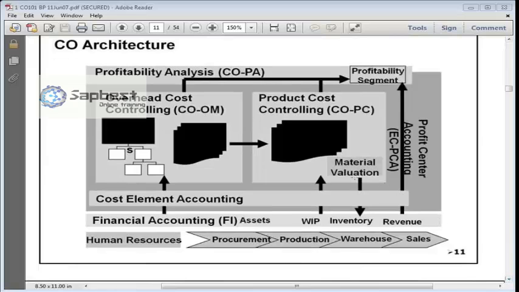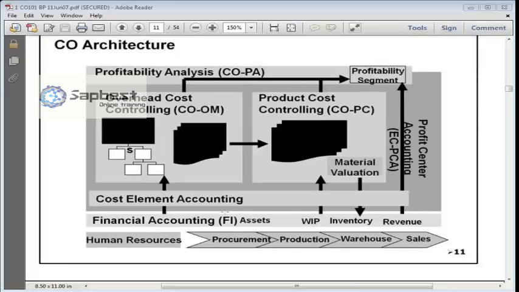This is a CO architecture, right? CO can be broken down into overhead and product costing. Both postings are really coming from FI. We talked about work in progress inventory. We also have the existing inventory, and also we have financial assets that are actually being depreciated.